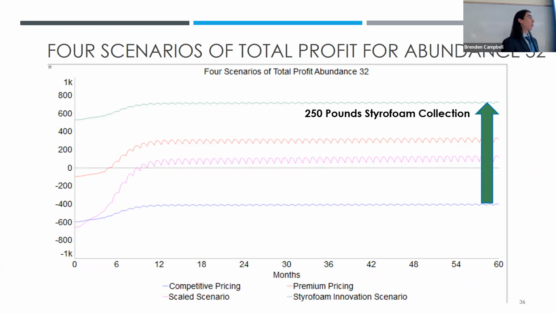The change in variable here is that instead of only taking in 25 pounds, it's 10xing it and taking in 250 pounds of styrofoam a month. This raises the profits up to around $718 to $729, again, depending on how much is harvested per month.